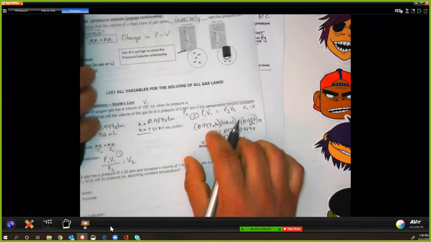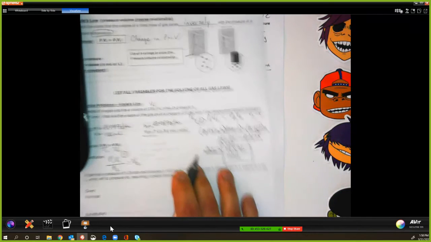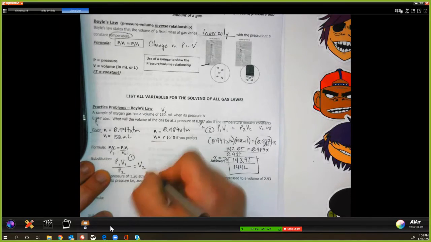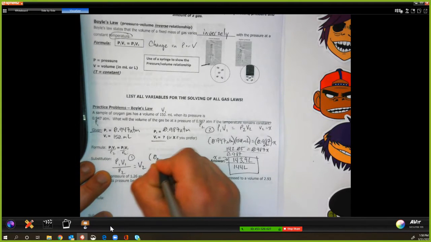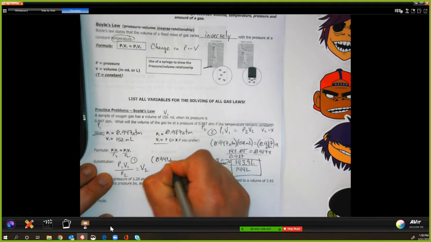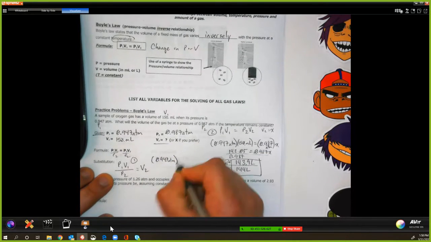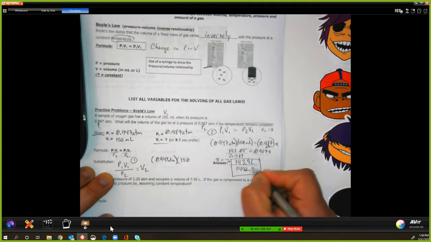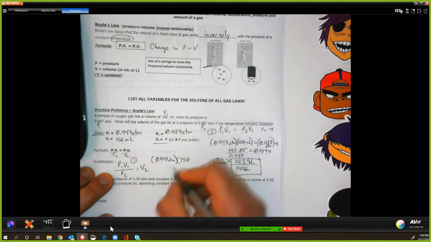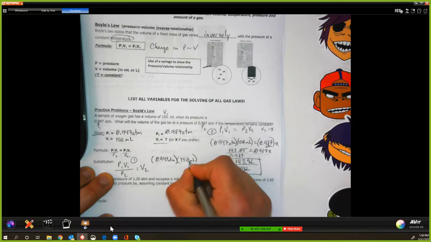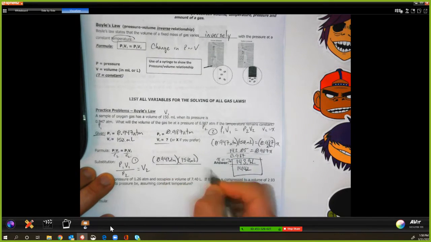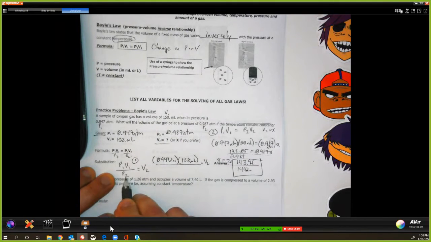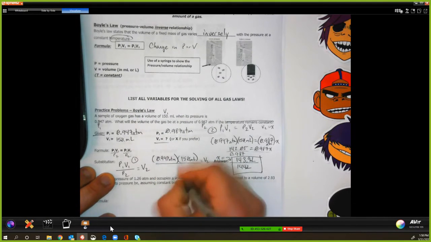Okay, so if I did it the substitution way, then I plug in my numbers. If you're more comfortable with this, my P1 was 0.947 atmospheres, and then my V1 was 150. That should have been milliliters. Sorry, milliliters. 150 milliliters with a decimal there, so you have 3 sig figs in there, and equals V2. And then P2 was 0.987.